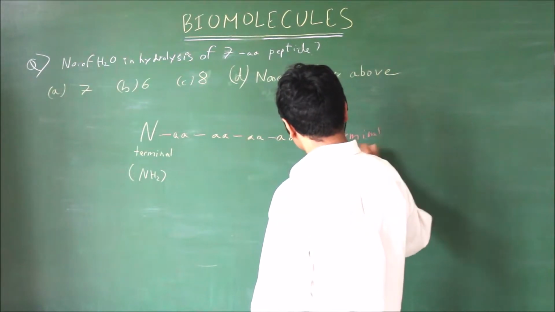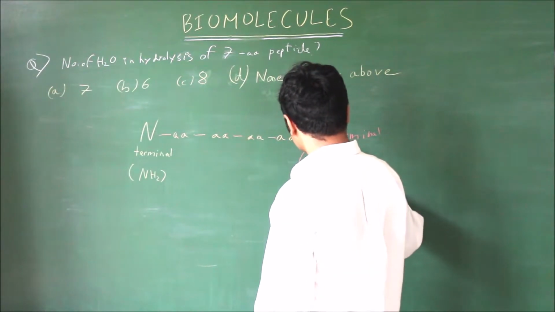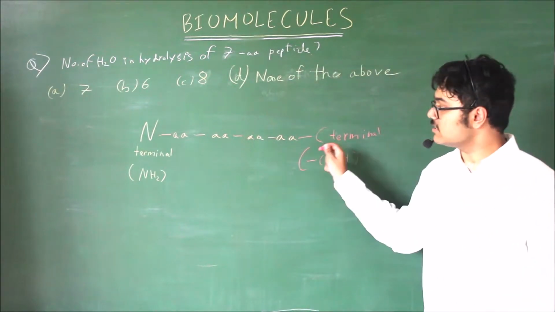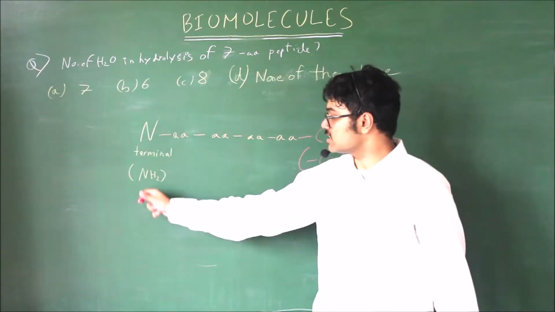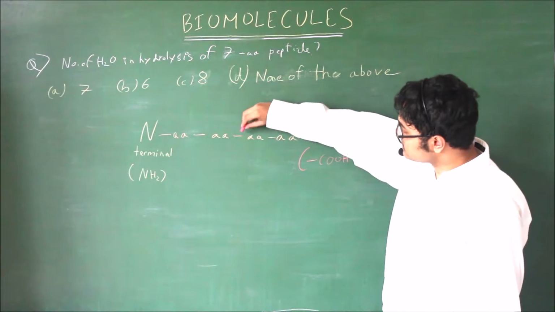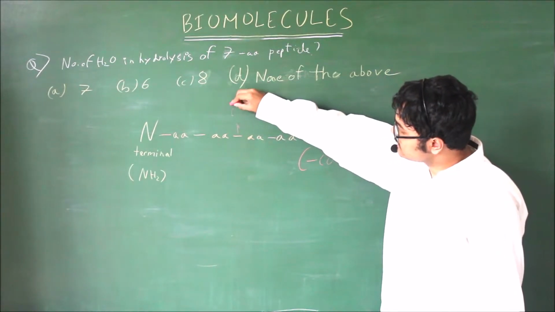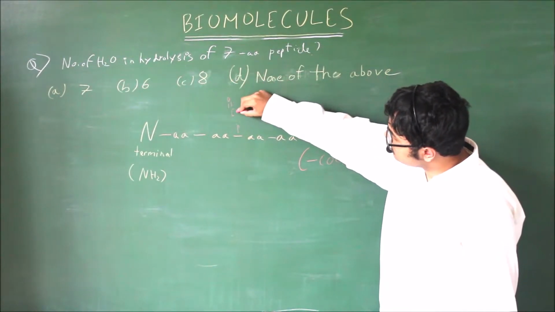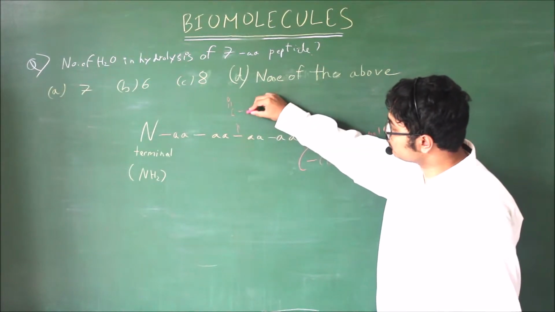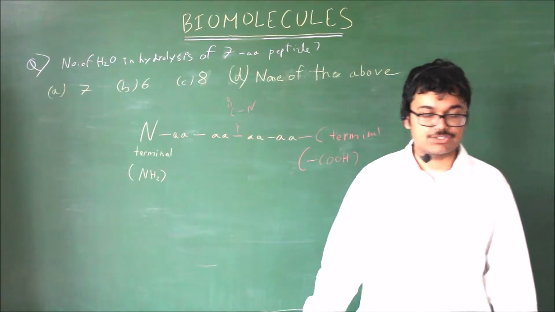The C terminal is just the presence of a COOH. The N terminal is just the presence of NH2. What about all these in the middle? All of these have amide linkages. C double bond O N, that type of linkage, right?